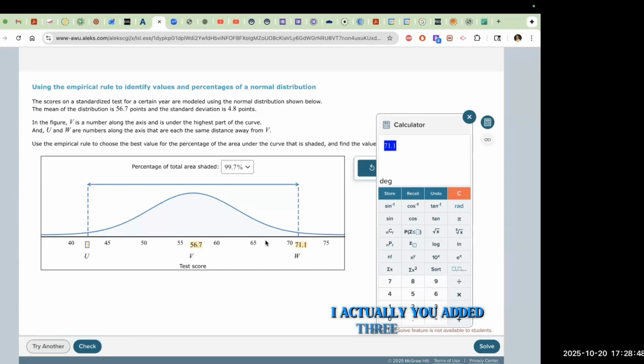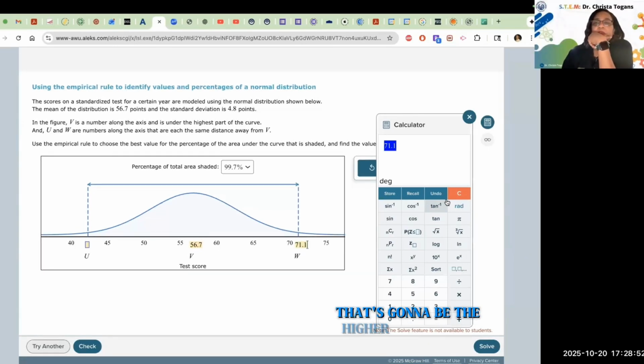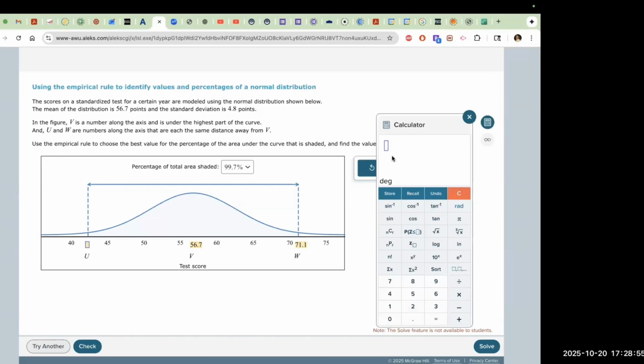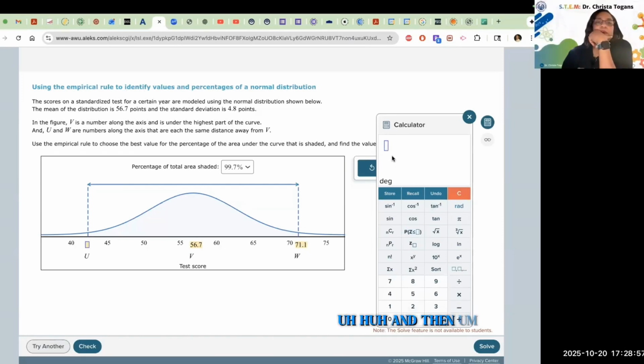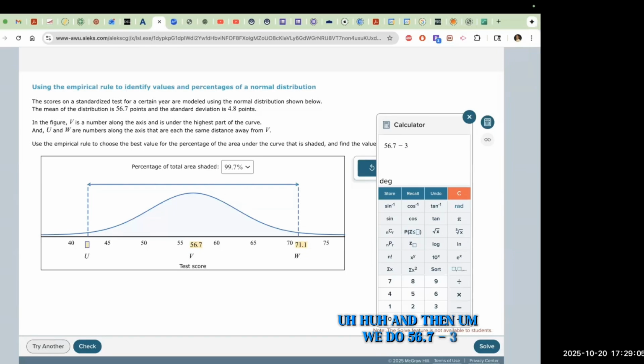You added three to that, correct? Yes. That's going to be the higher percentage already. And then we do 56.7 minus three, times 4.8.